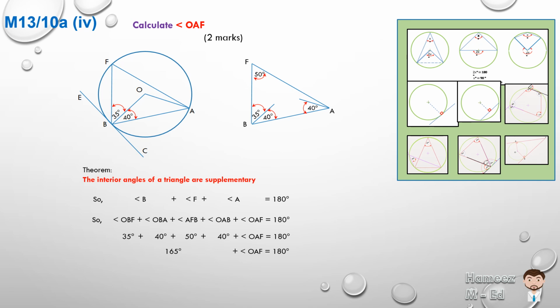So if you want to find angle OAF, let's move the 165 from the left-hand side, where it is adding, and carry it across to the right-hand side, where it will do the additive inverse, or easier to say, to subtract. So 180 degrees minus 165 degrees means that angle OAF is equal to 15 degrees. And we've now solved the question.